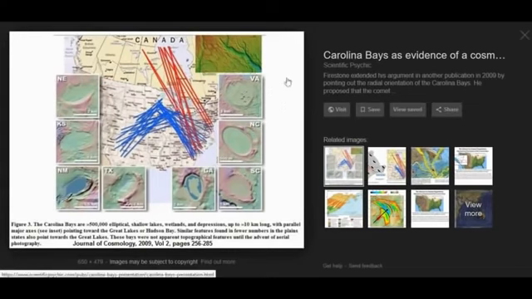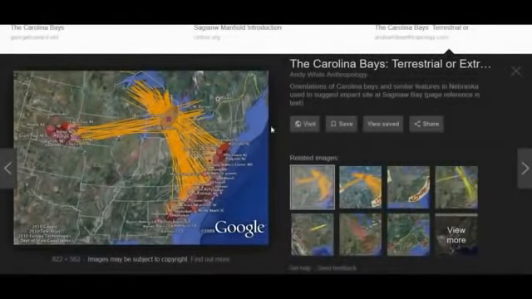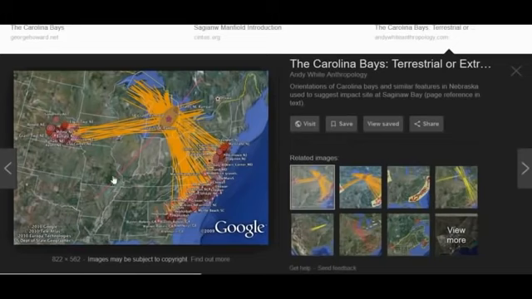So now I'd like to talk about what I think may have happened here. Okay, now to introduce some of my own speculation into this phenomenon of the Carolina bays. Just looking at this graphic here, I couldn't help noticing the midpoint of Carolina bays and the Nebraska rainwater basins.